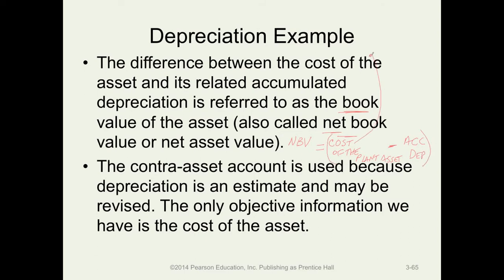And that cost is preserved by not crediting that asset directly. It's significant, and because of its significance, we want to maintain the historical cost. It's objective information that we have.